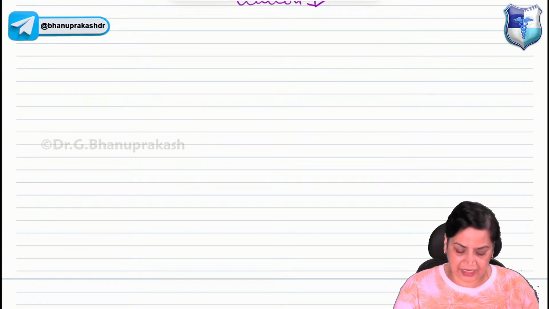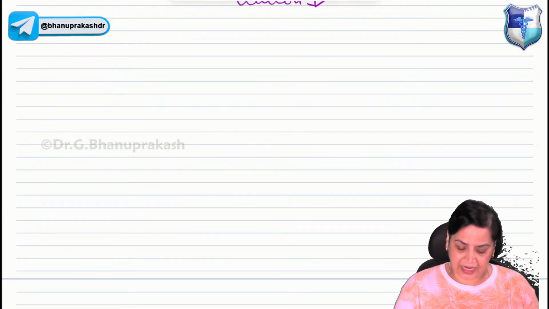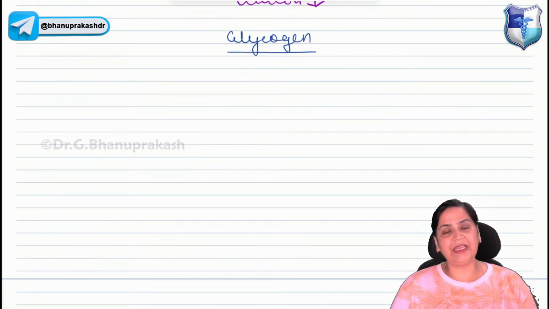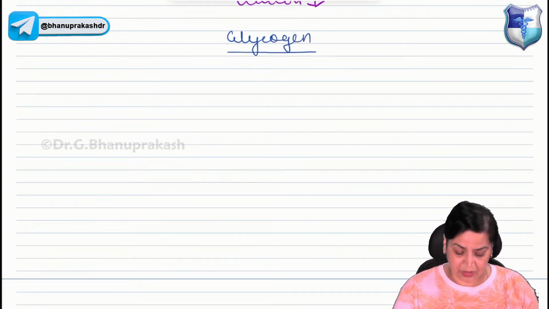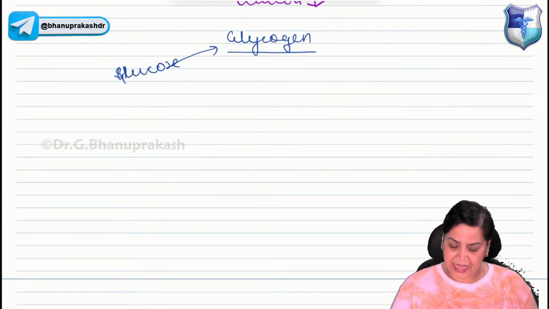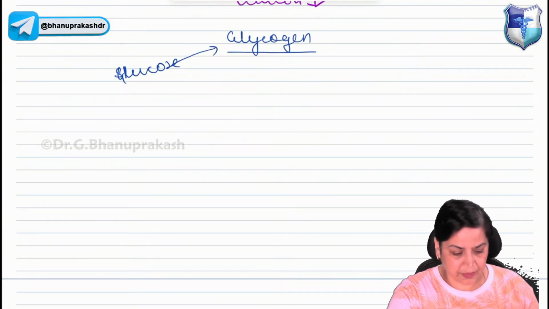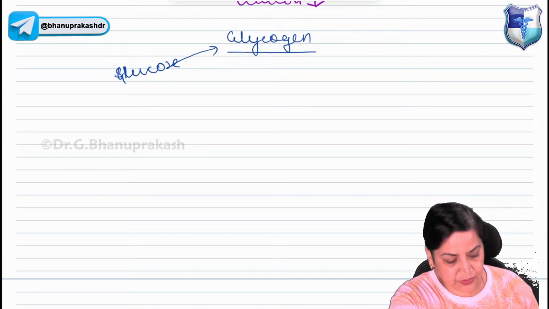Yesterday we had started with the metabolism of glycogen. And I told you glycogen is the stored form synthesized from glucose, right?